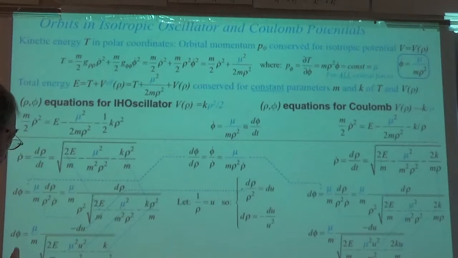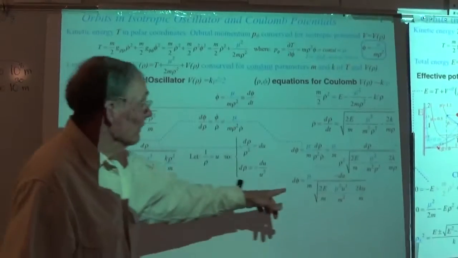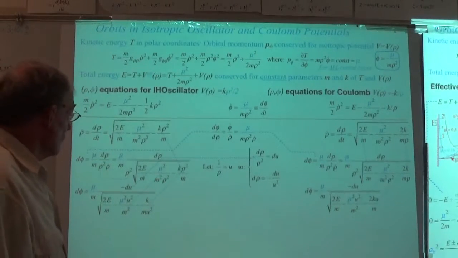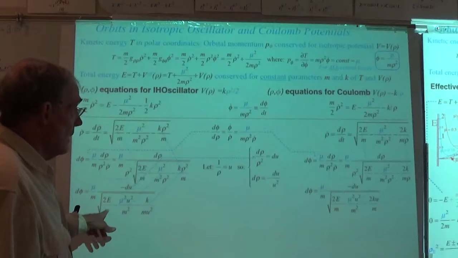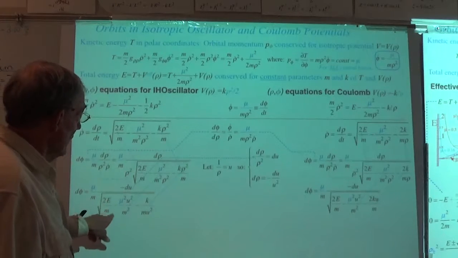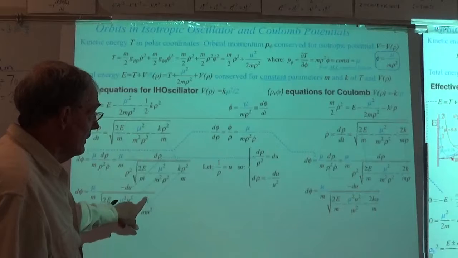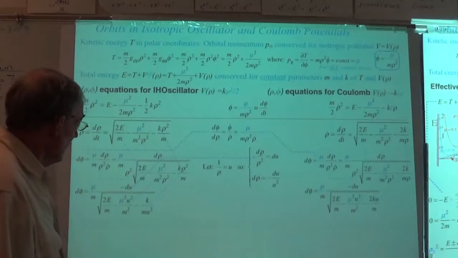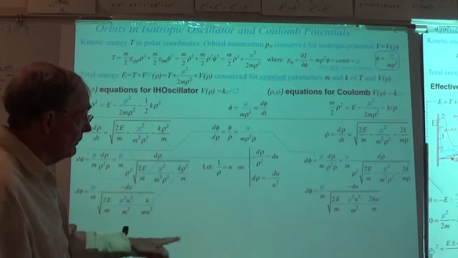And here and here, we're looking at something where this term is the same. This is very different right here. You've got a u squared in the denominator, you've got a simple u there. This term is the same.